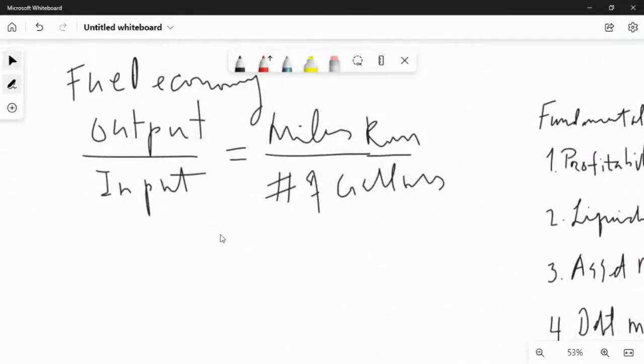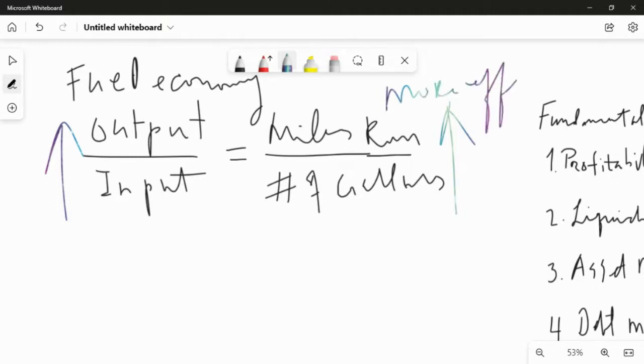Liquidity is also largely this concept of output to input. The higher this result, the more efficient it is.